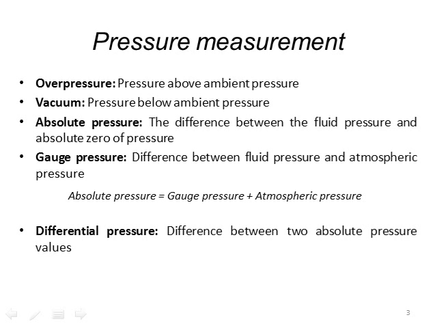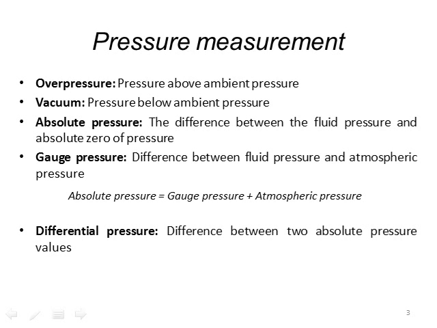For pressure measurement, some definitions that you may not be familiar with. Overpressure, so this is a pressure above ambient pressure, which is 1 atmosphere. If you're in outer space, then ambient pressure is much, much different. If you're in a vacuum chamber, then your ambient pressure is much, much different. Vacuum is some pressure below the ambient pressure.